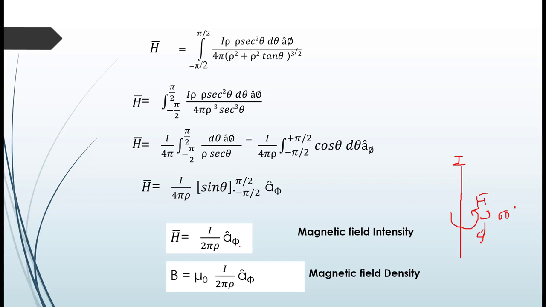Now, a phi cap is the direction of h bar, and it is obtained by taking the cross multiplication of the dl length vector and the line joining the conductor and the point P, ar cap, that we have already considered.